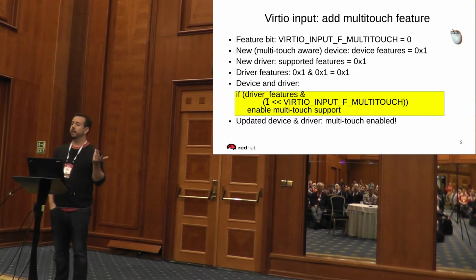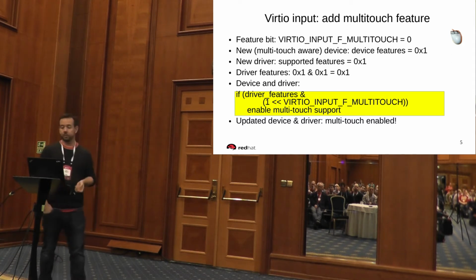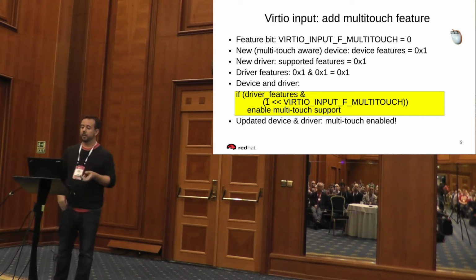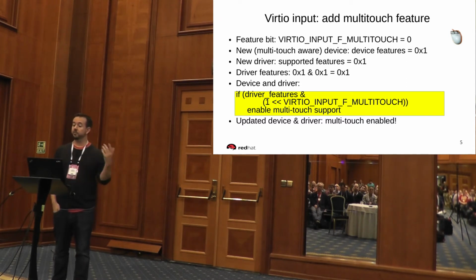Any input device implementing this will have to set this in the features register. So a new driver implementing multi-touch would set the corresponding bit in the driver features. Then combining device and driver features, it will still result in a bit 0 set when we AND them together, right? So both device and driver can test this bit 0 to verify if they can support multi-touch or not.